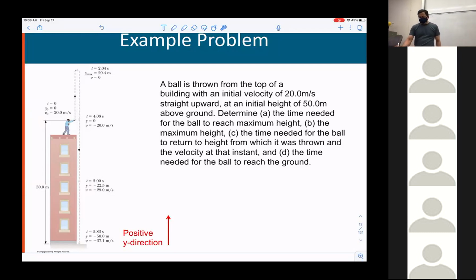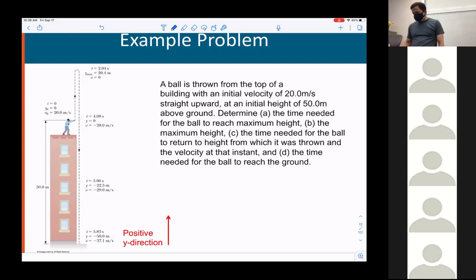If I'm saying the positive y direction is upwards, then is the acceleration of this object plus 9.8 meters per second squared or minus 9.8 meters per second squared? Minus. Yep. Someone from Zoom also says minus, and minus is in fact the correct answer.